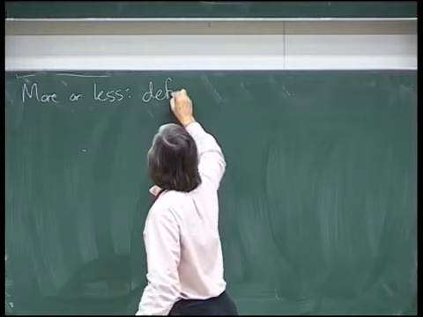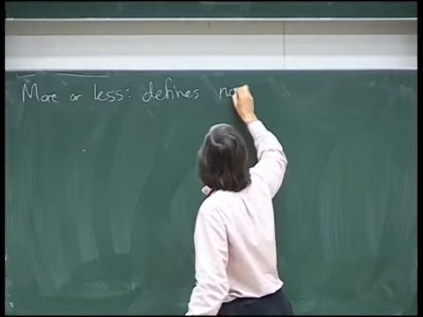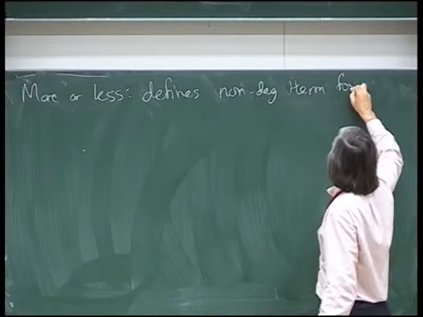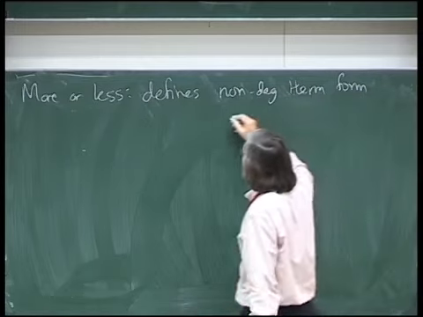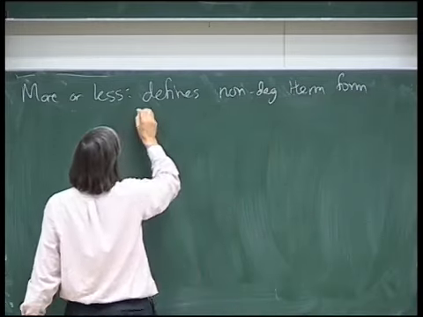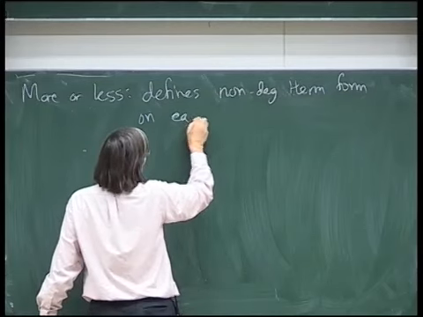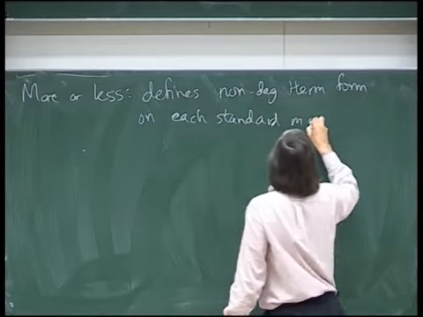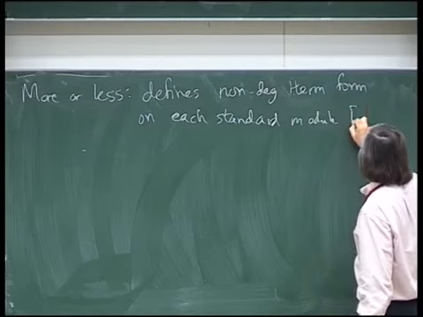So this defines some non-degenerate Hermitian form on each standard module in the Grothendieck group.